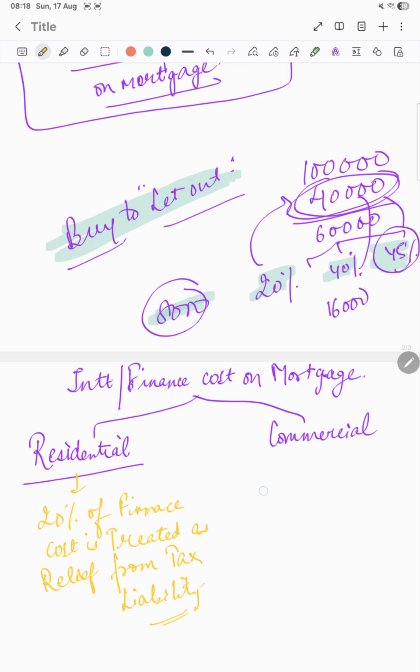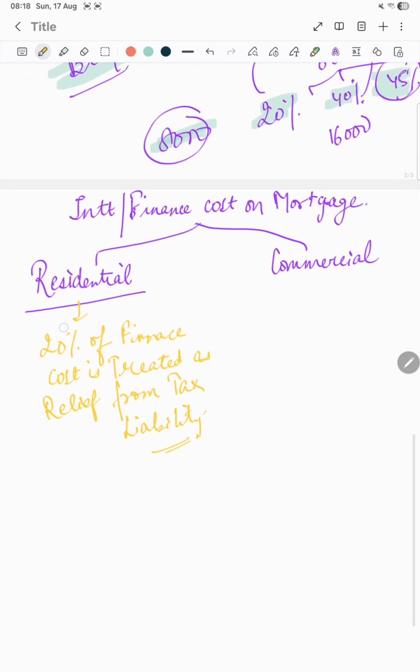What does this mean now? This means whether the person is a basic rate taxpayer, a higher rate taxpayer or an additional rate taxpayer, everybody would be getting the benefit of 20% of finance cost.